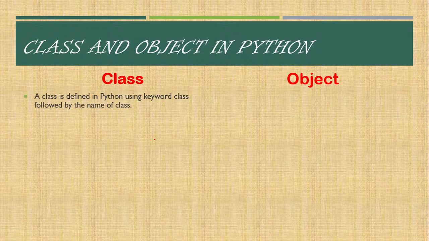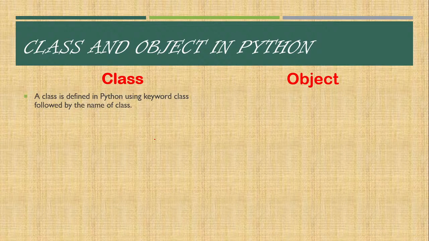Any programming language which uses the object oriented paradigm uses this concept of class and object. A class is defined in Python using the keyword class followed by the name of the class.